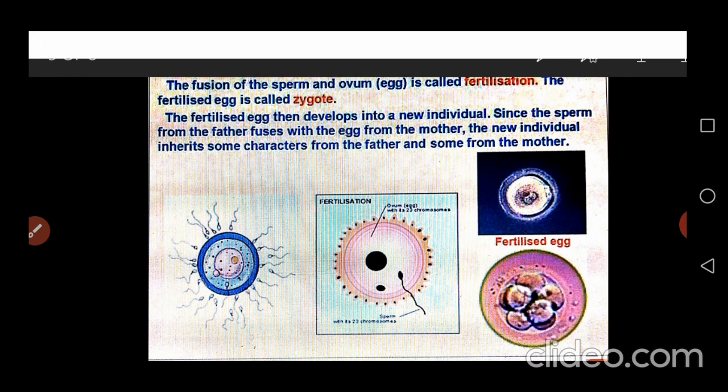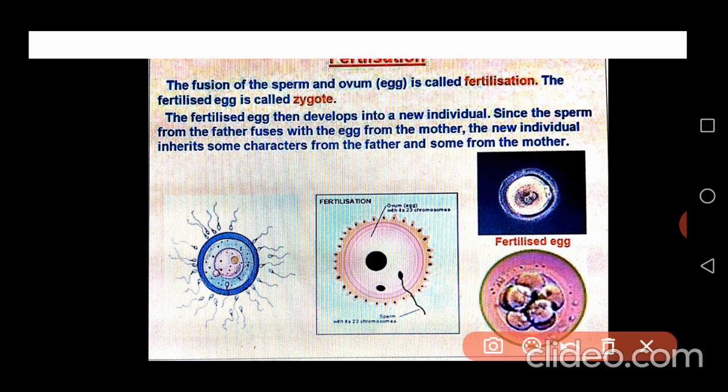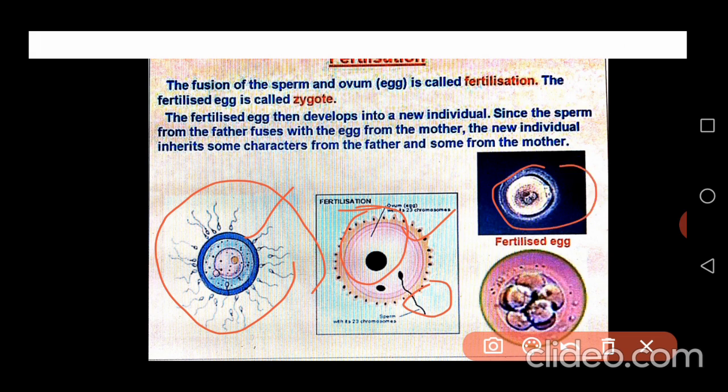This is the egg, and many sperms are there, but only one sperm will penetrate the egg. That is what we call fertilization. After the sperm enters the egg, the egg becomes a fertilized egg, which is what we call a zygote.